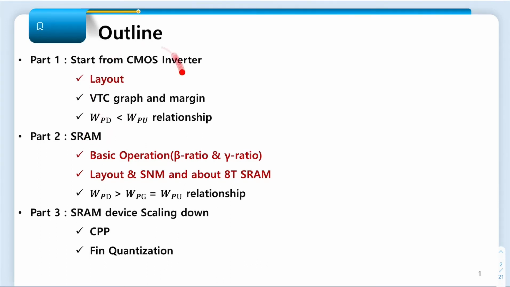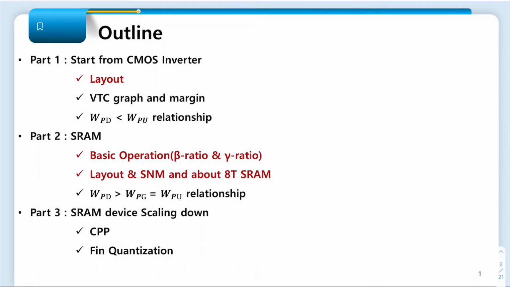In this part, I think understanding the margin concept is very important because the margin concept is also used in SRAM circuits, and the way to make a large margin is quite different between CMOS inverter and SRAM. So I think we must note this.